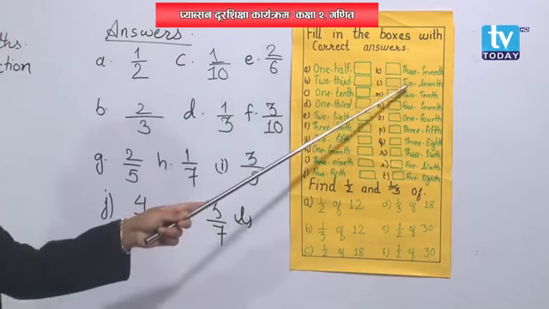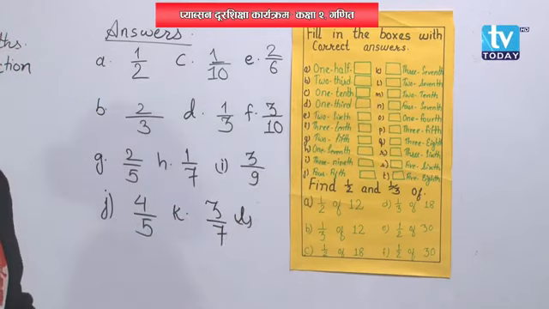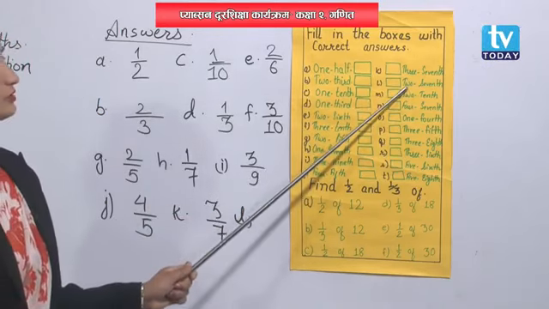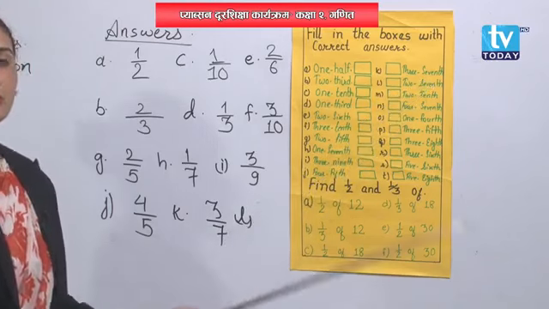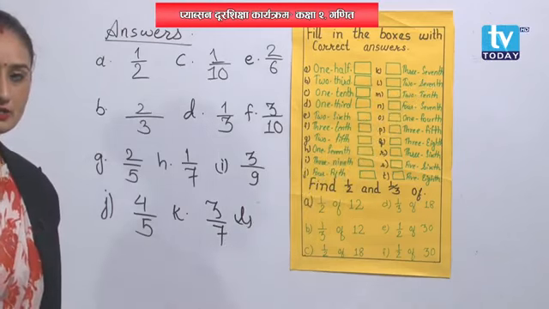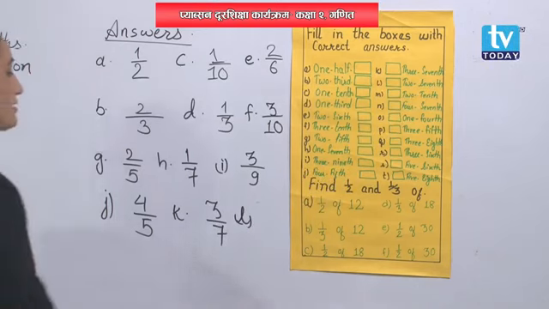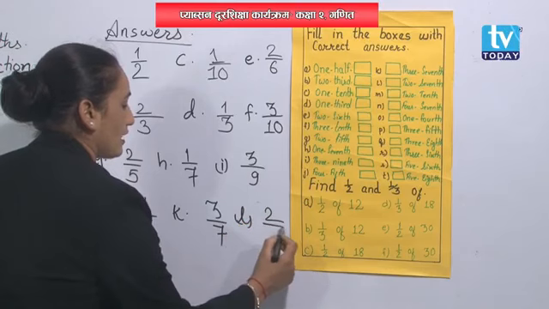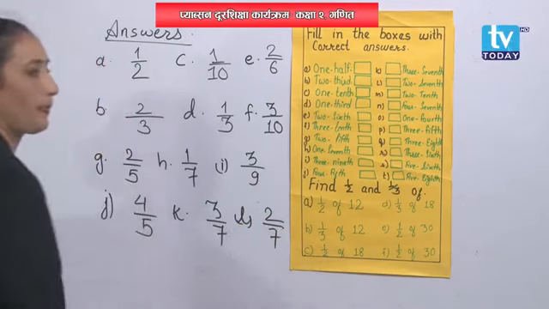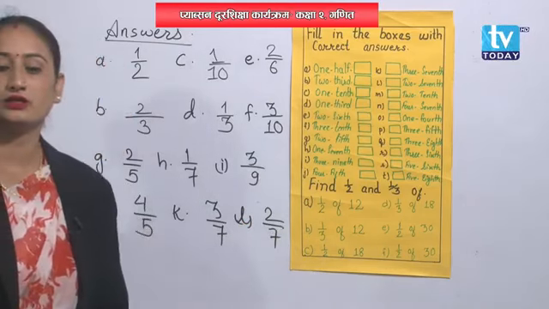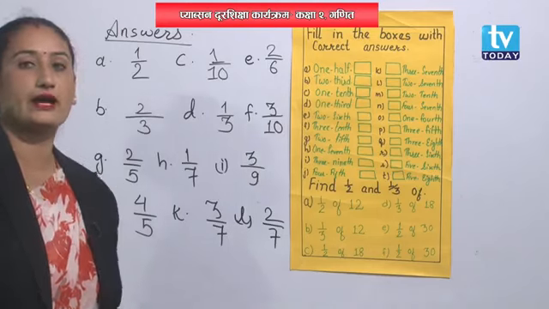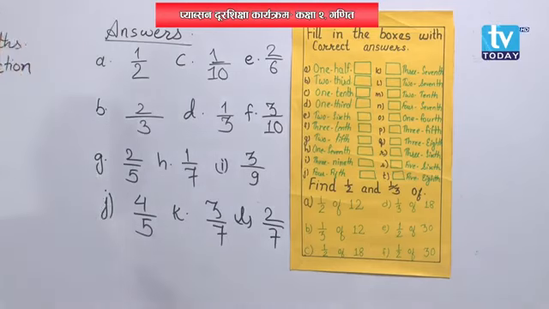Okay, in L number it says 2/7. Have you looked? 2/7. Out of 7 parts, how many parts are shaded? 2 parts. So 2 out of 7. Are you writing also? Okay, please go on writing.